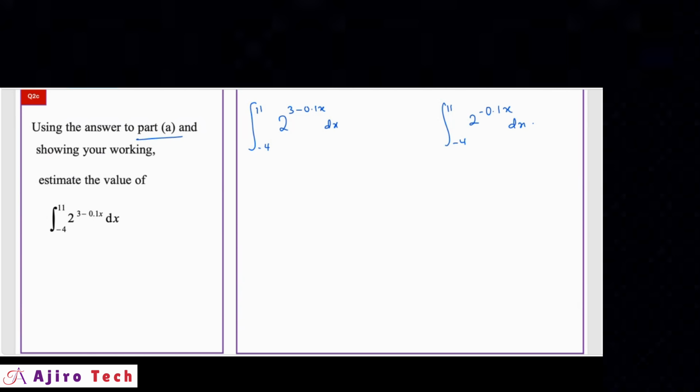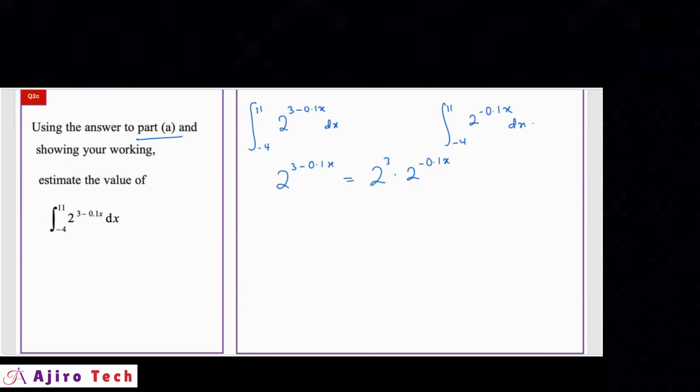So how can we do this? We can write 2 to the power of 3 minus 0.1x as 2 to the power of 3 multiplied by 2 to the power of minus 0.1x.